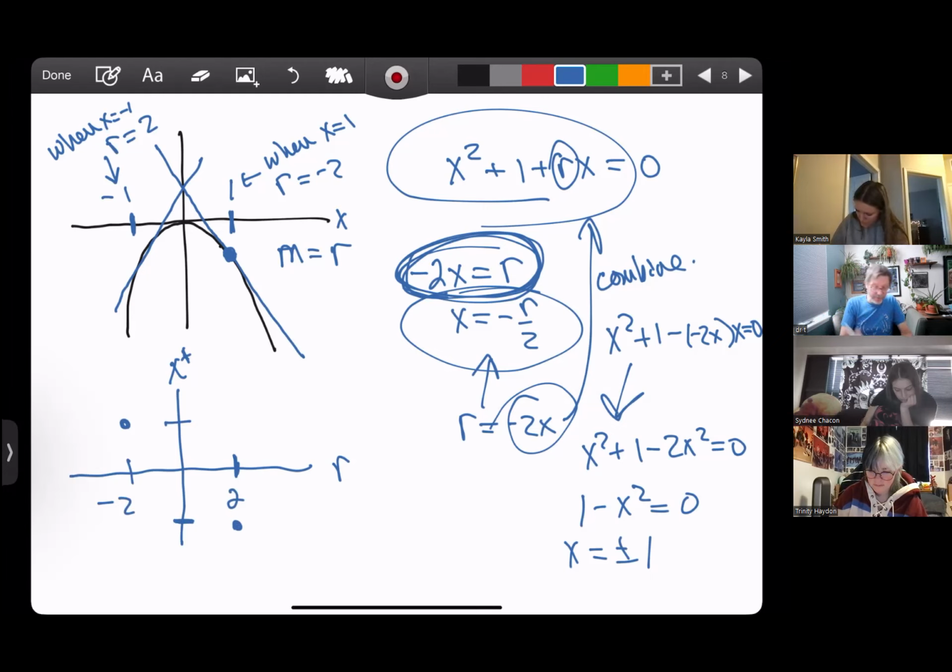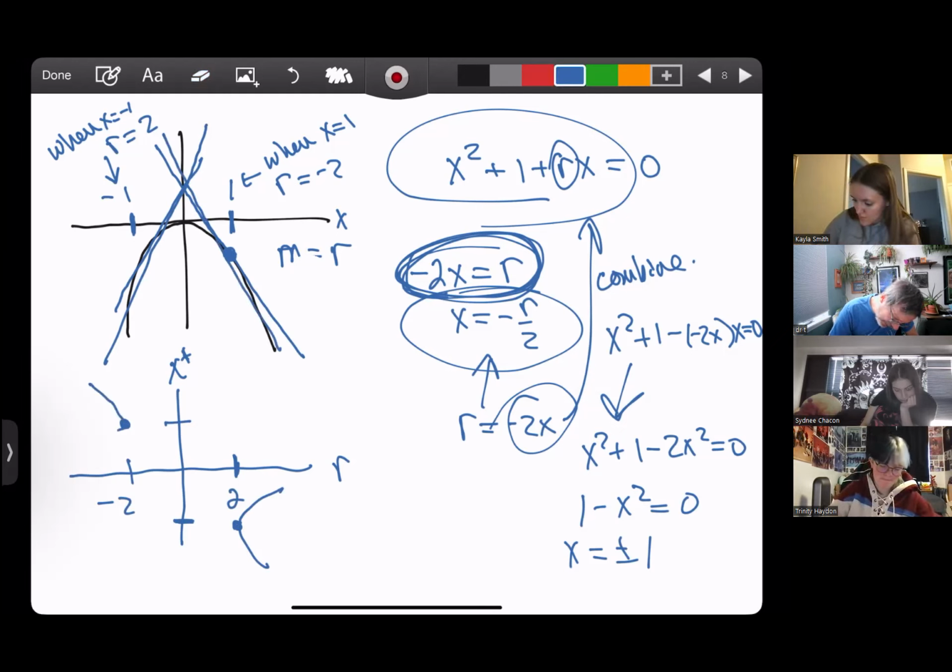It's the slope. As the slope gets steeper, this is going to split into two different things. And then as x becomes more negative, we also see the splitting into two different things.